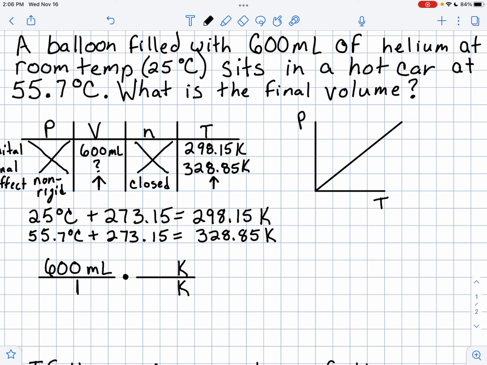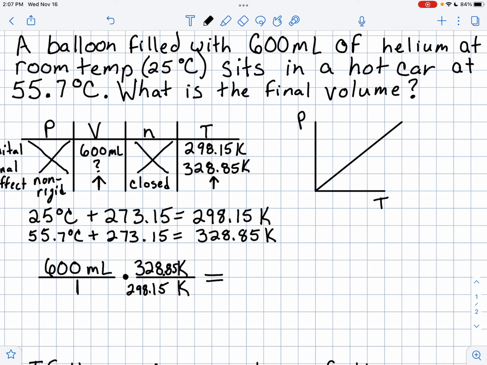Should 298.15 go on top, or should 328.85 go on top? I need my volume to increase. So the ratio that gives me an increase is when 328.85, the larger number, is on top, and the smaller number, 298.15, is on bottom.